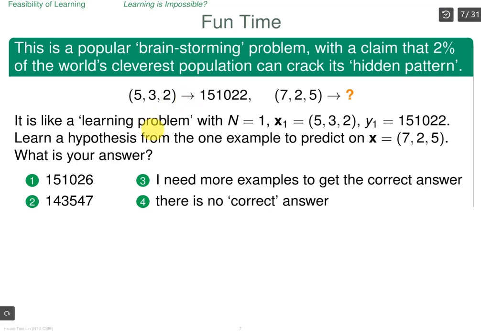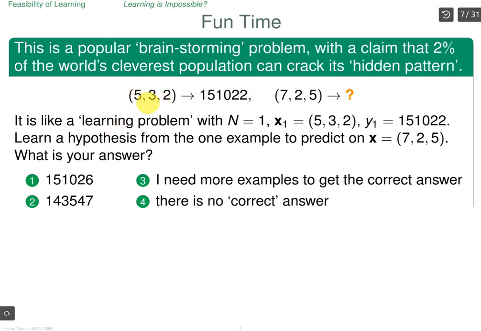For instance, given one example, the sequence of numbers 5, 3, 2, and then the y, right? This is x and this is y. I ask you to learn from this example and then try to come up with the output for this test example. This is the unseen example.